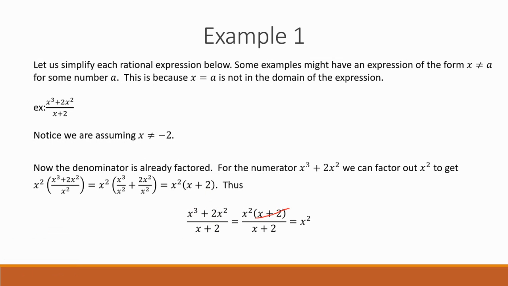We're going to cancel it, and we get just x squared. Again, notice we're assuming x is not negative 2. These equations would not make sense if x was negative 2, because you'd be dividing by 0, and the numerator would be 0 as well.